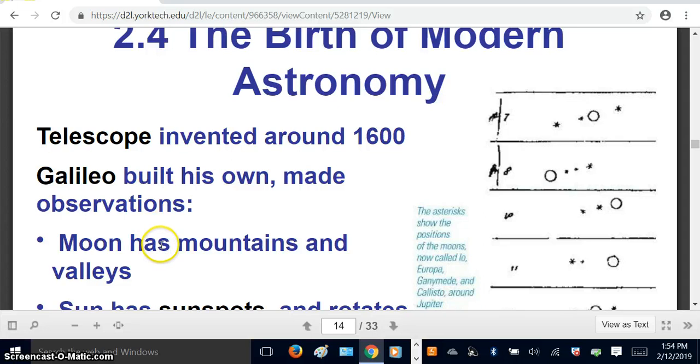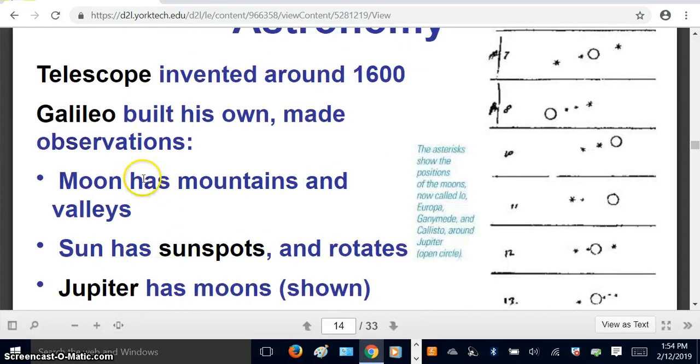And he observes many, many different things. A very significant thing here, it might not seem like it's that significant, is that he notices that there are mountains and valleys, and in fact he sees craters as well on the moon. And one of the significant things, I think, is that Galileo writes a very popular book.